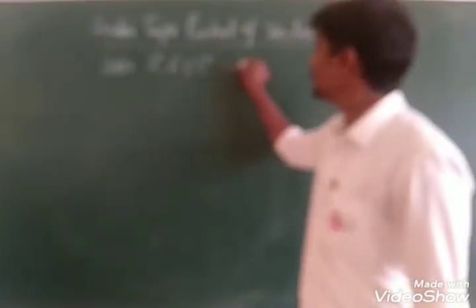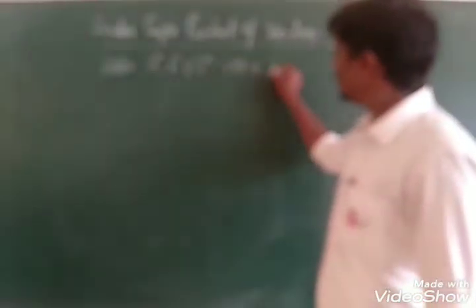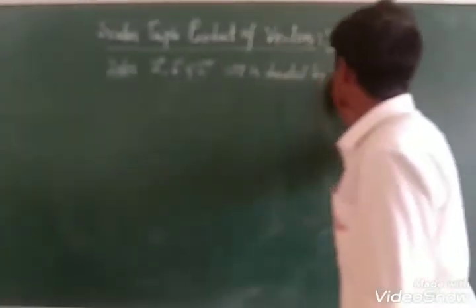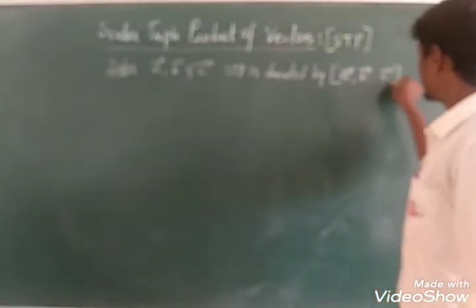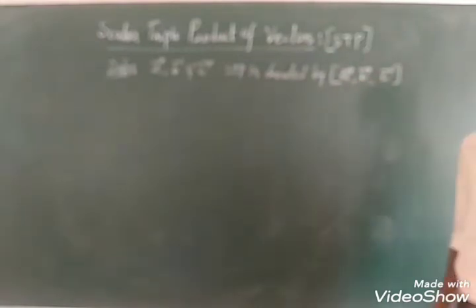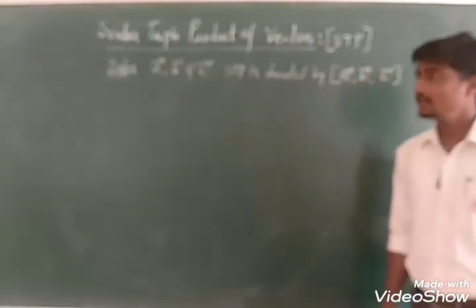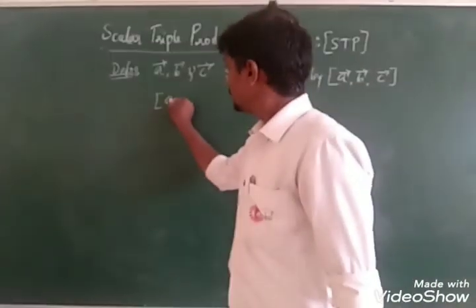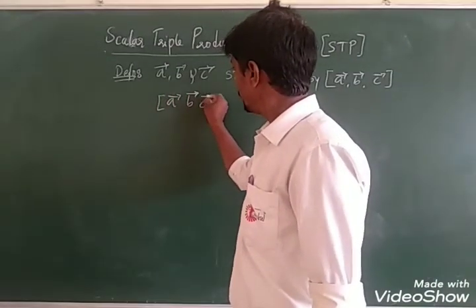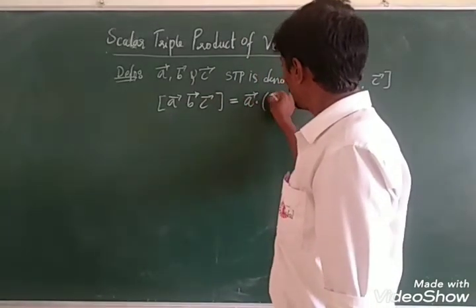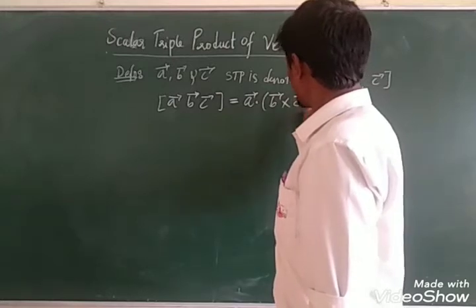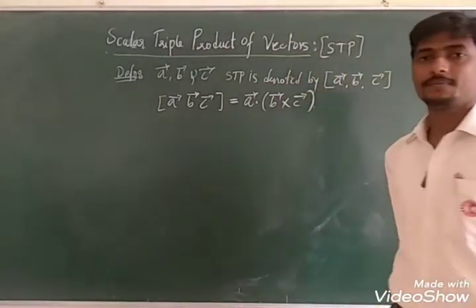The scalar triple product of the vectors, the STP, is denoted in this square bracket. This is the denotation of the scalar triple product of the vectors, and it is defined as vector A dot B cross C. So this is the definition.